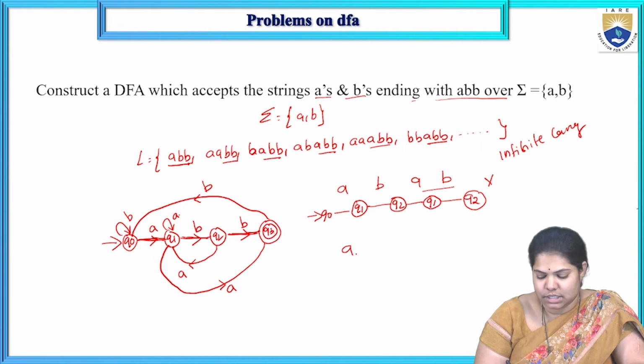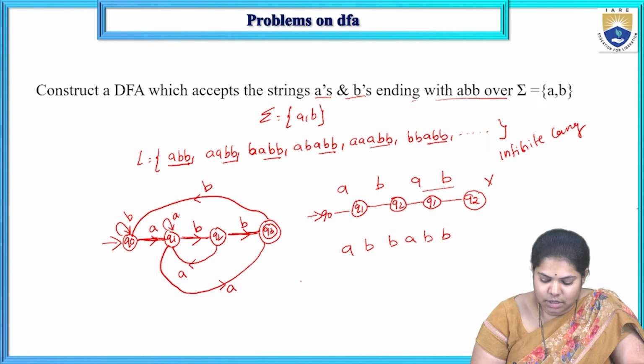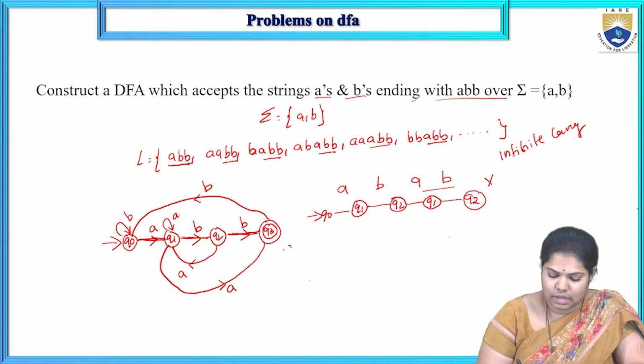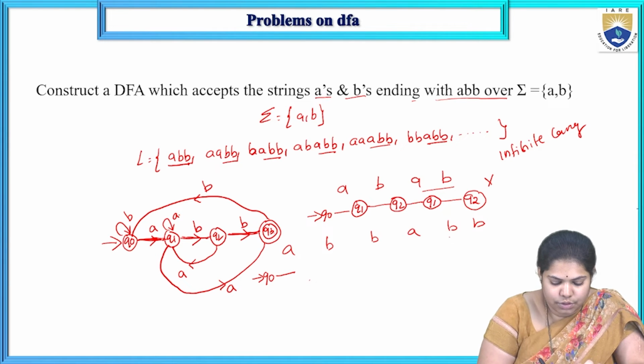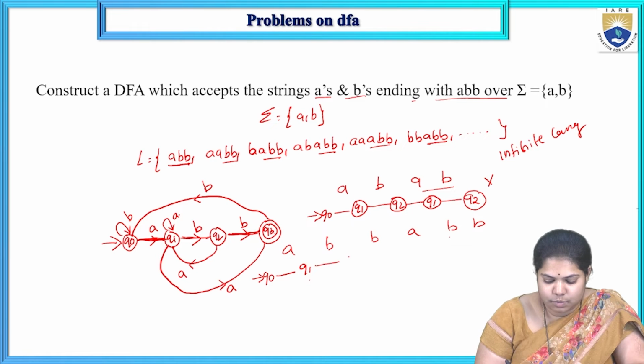Now if I take the string A, B, B, A, B, B. On seeing A, B, B, A, B, B: Q0 on A moves to Q1. Q1 on B moves to Q2.